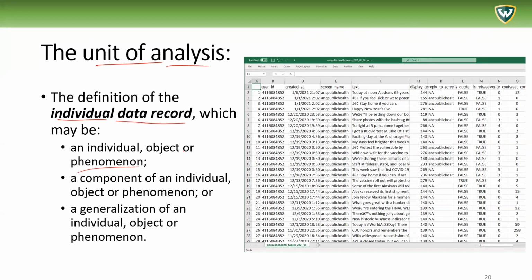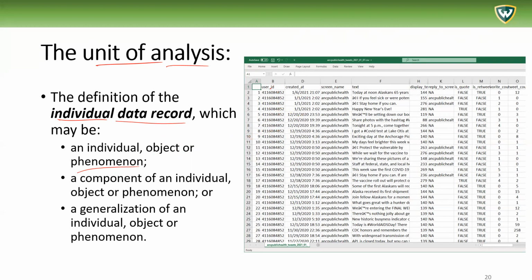Phenomena, I use this word very broadly to mean essentially anything: any process, any idea, any concept, any event, and so on. Notice though, the unit of analysis can be a component of an individual, object or phenomenon, or it can be a generalization of one.